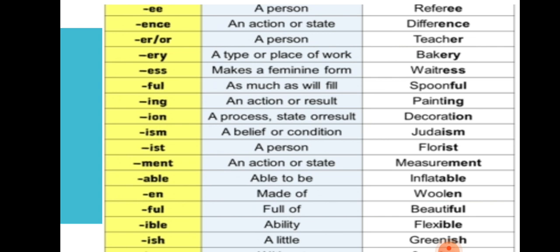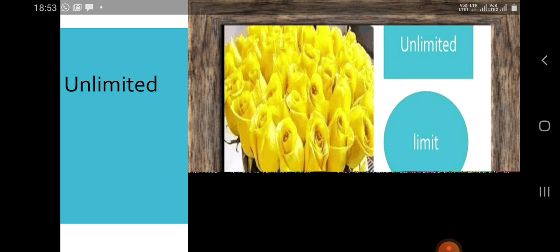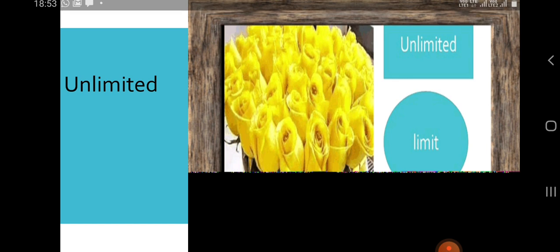ABLE refers to able to be, and EN means made of, you can say wooden. And FUL again the same point, beautiful. Ability, you can say IBLE, you can say flexible. ISH, a little, you can say greenish. So all these things you can keep in your mind, my dear students.